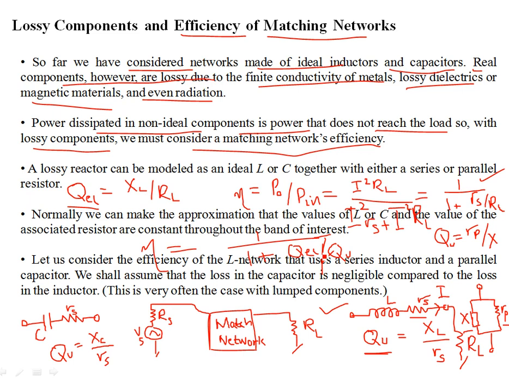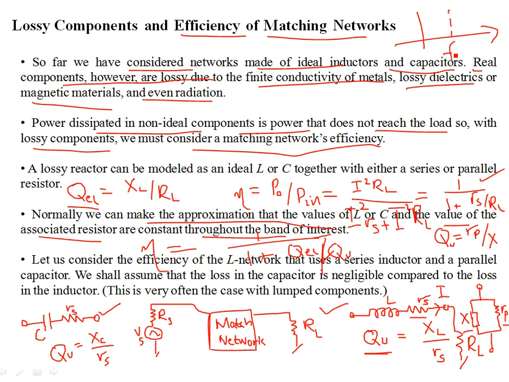So if you have a lossy inductor or capacitor, then not all the energy is transferred to the load. There is some loss in the matching network, because the matching network is constituted of LC elements only, whether it is a pi configuration, T configuration, or a simple LC matching network. Normally we can make the approximation that the values of LC and the associated resistor are constant throughout the band of interest, meaning the range of frequencies over which you are going to match.